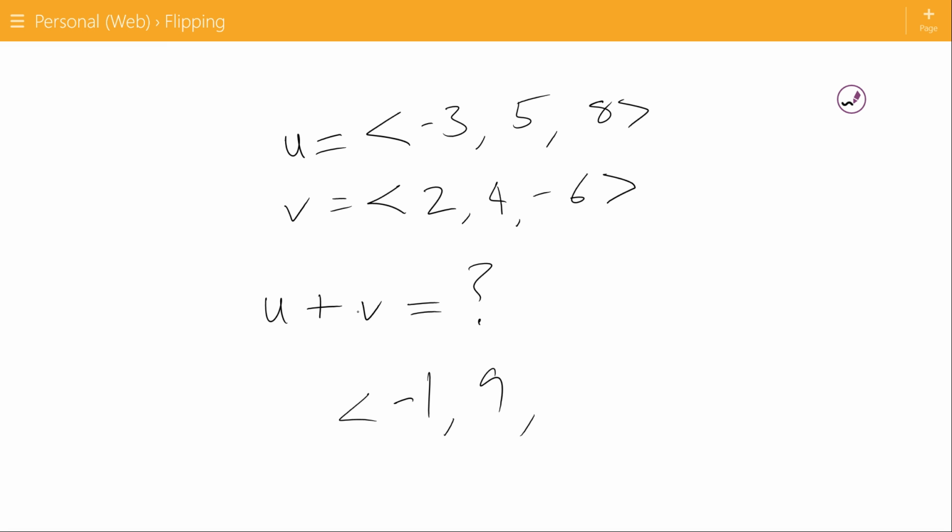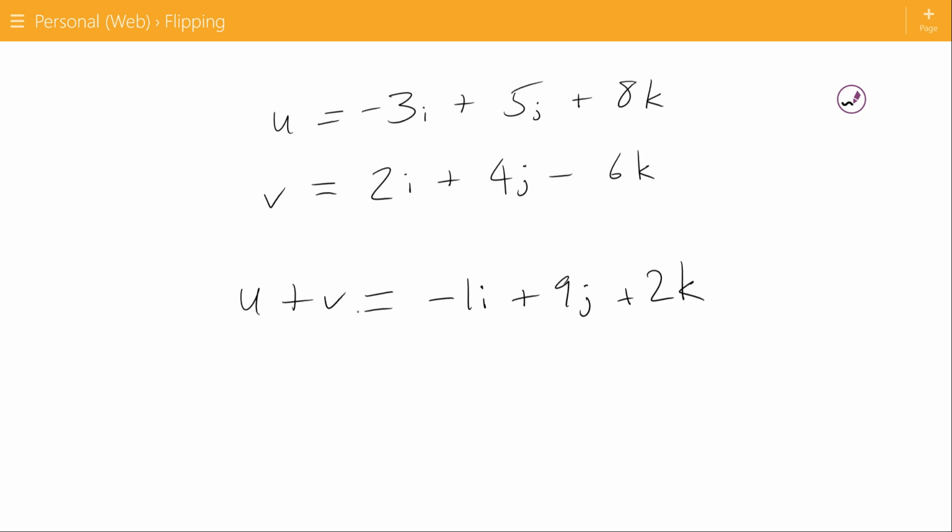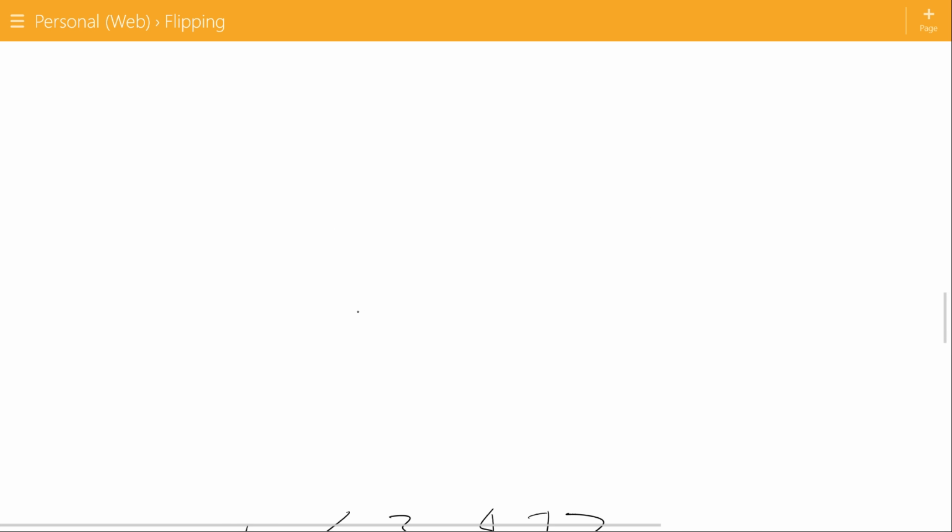And then 8 and -6 would give me -2. Therefore, u plus v would give me -1, 9, -2. What if I'm using I, J, and K? Simple. Same thing. Add your i's together, your j's, and your k's. That's it. So we can add vectors like that, and we can also find out the magnitudes.